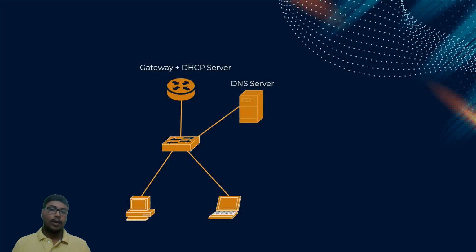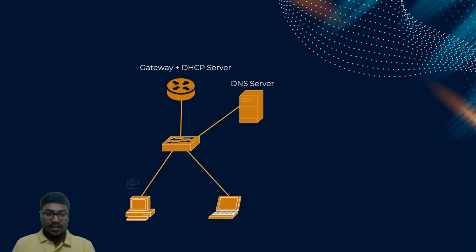With the layout of the network being very clearly set, let's understand the process of IP allocation from start to end. So let's say there is a new client that connects to this network. The client has to request an IP address from the DHCP server. But the issue is that the client does not know which the DHCP server is.